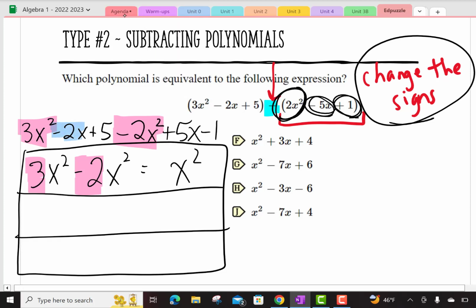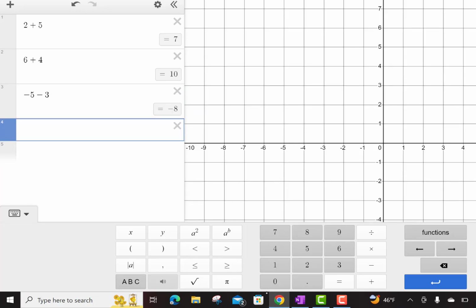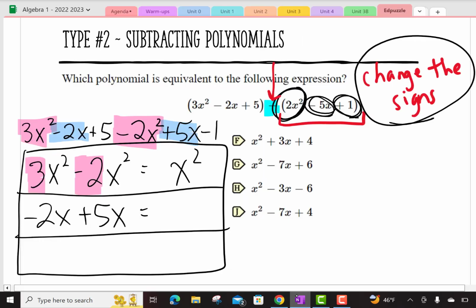So next group is negative 2x plus 5x. Again, if you don't know how to do it, you can type it here. Negative 2 plus 5. Do not write the letters. So the answer is 3. 3 what? 3x. Okay?